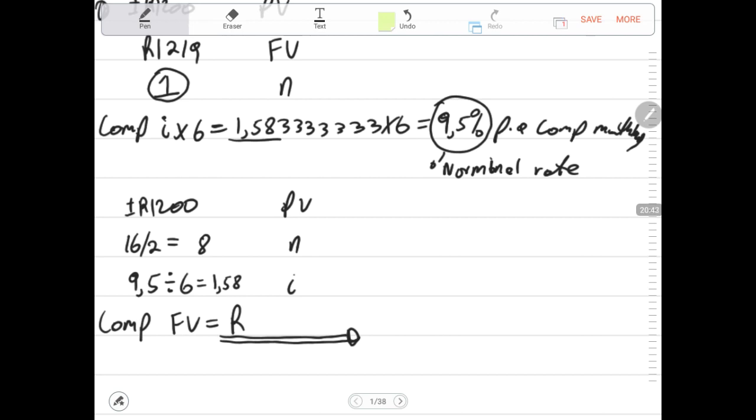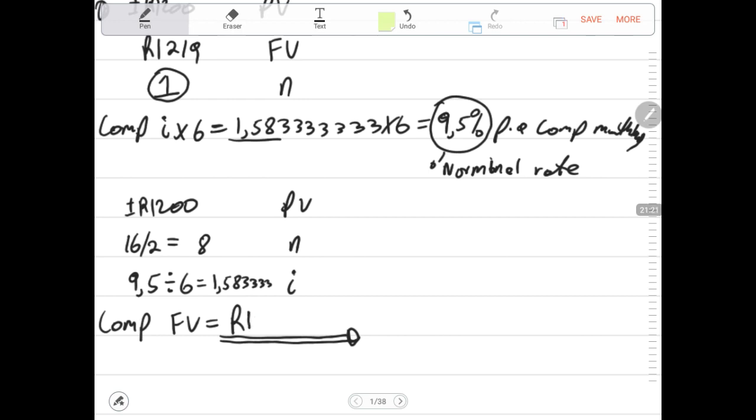We say plus minus 1200, we press present value. 16 divided by 2, which is 8, we press N. Then 9.5 divided by 6, we press I, then you compute future value. It is good that we don't use the 1.58 because if we use all of it, we need to take all the decimals. Just be mindful of that, but I'm just explaining to you for bigger understanding.